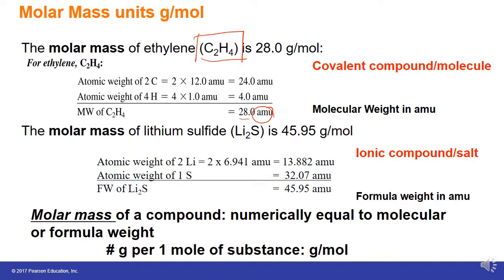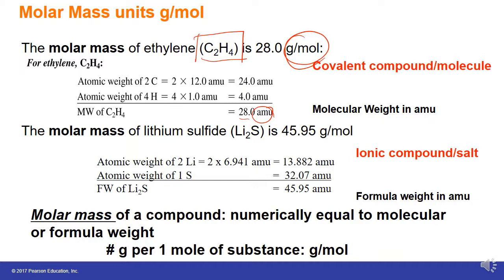However, if we're looking at 1 mole of ethylene, that 1 mole of ethylene has 2 moles of carbon and 4 moles of hydrogen per mole. So we now have grams per mole as our molar mass.